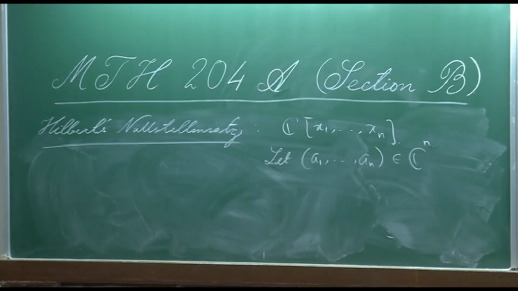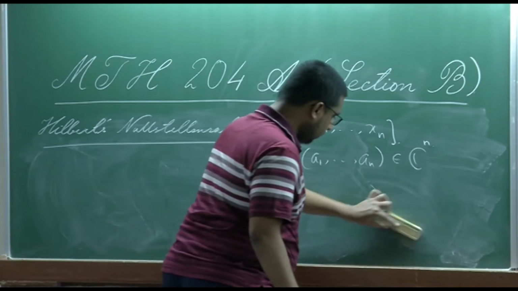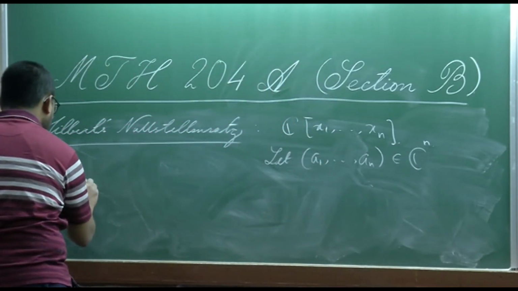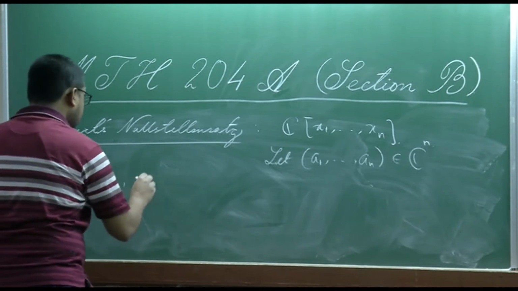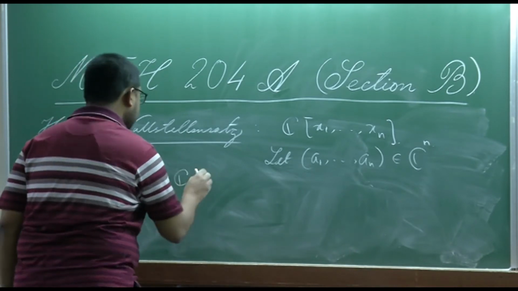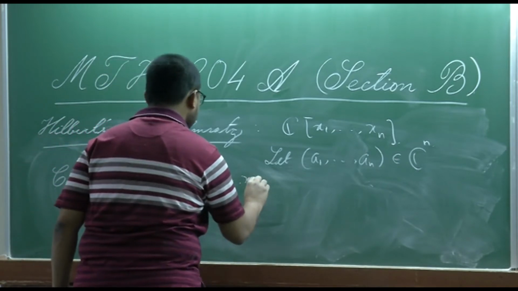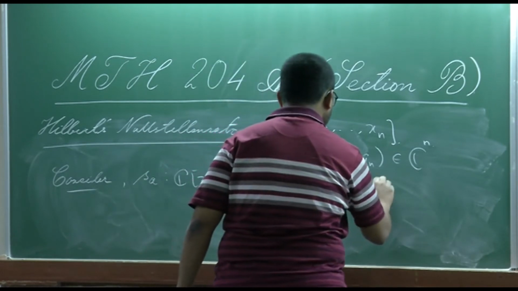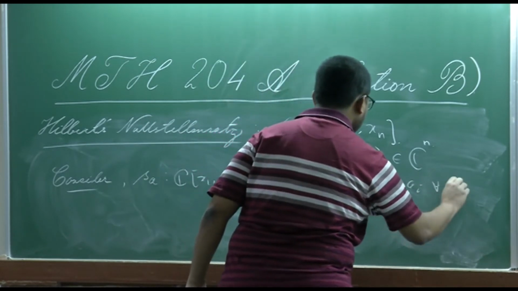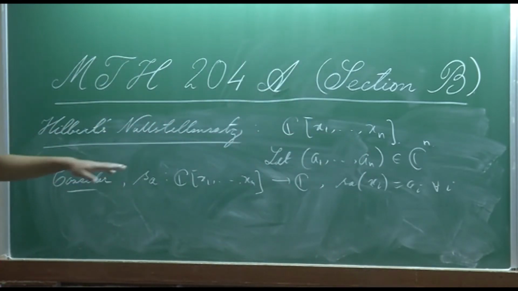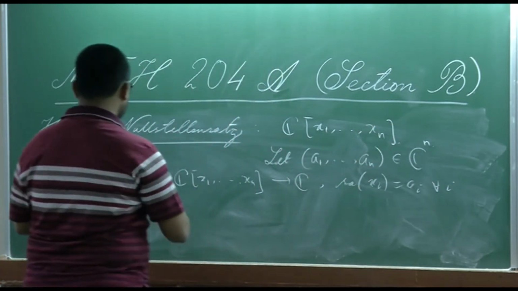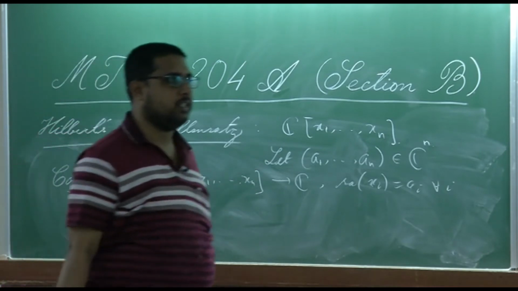Now consider the substitution homomorphism, which is a homomorphism from C[x1, ..., xn] to C, which satisfies S_a(xi) = ai. Earlier we have proved that such a homomorphism exists. So given this and a point, we consider the substitution homomorphism.